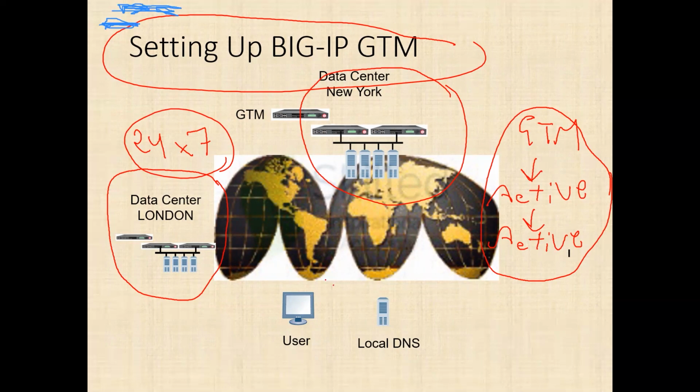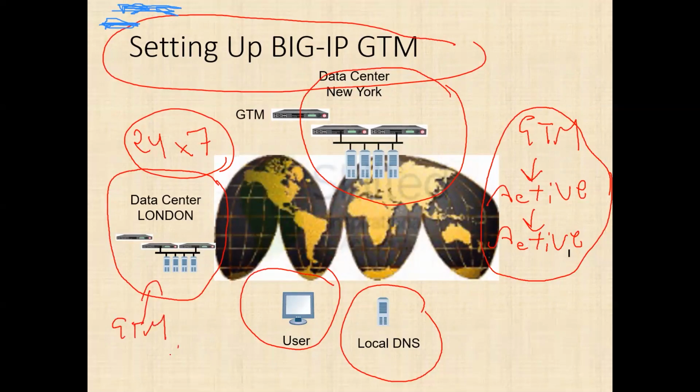In our topology, we have a workstation, we have a local DNS, and we have two data centers with a GTM in each data center. GTM1 in London, and we have one GTM in New York. I will show the lab topology soon, but this is how our GTM setup is. We are using active.